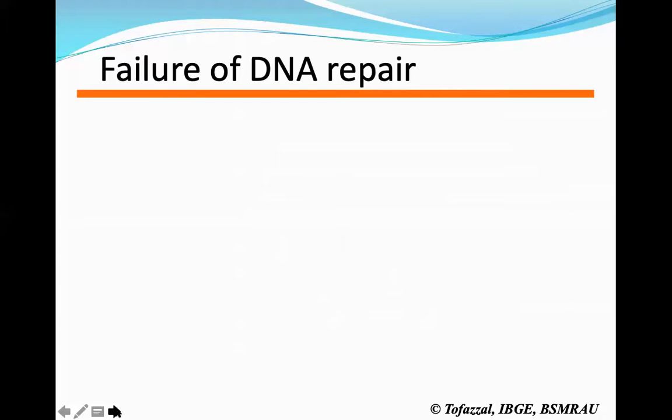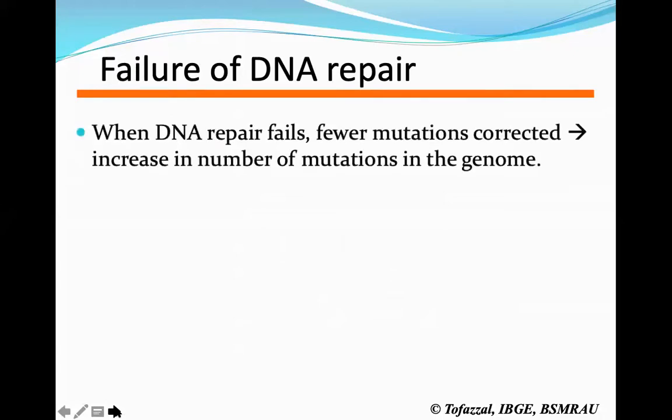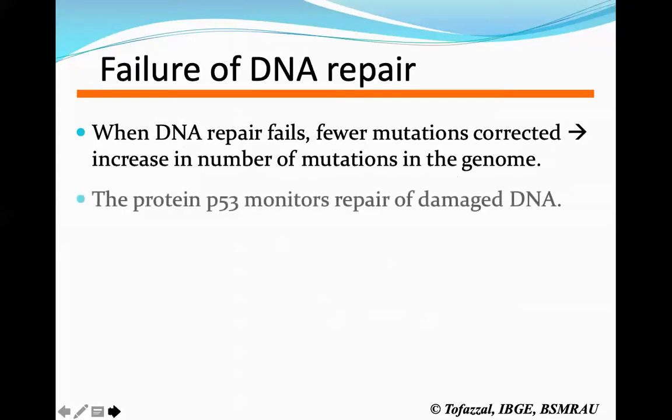If failure of DNA repair happens in any cell or organism, what can happen? When DNA repair fails, fewer mutations are corrected, so there is an increase in the number of mutations in the genome. So mutation is increased in the genome naturally. The protein P53 monitors repair of damaged DNA.